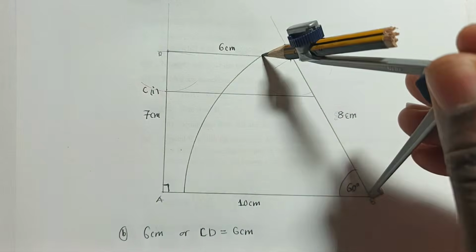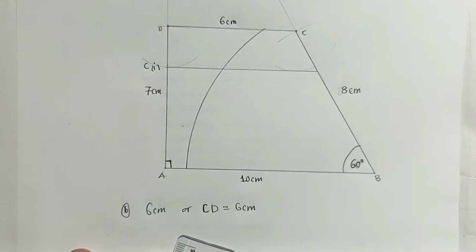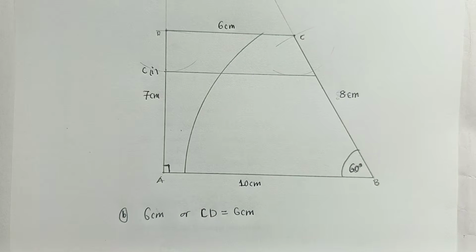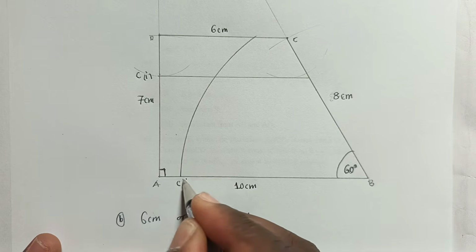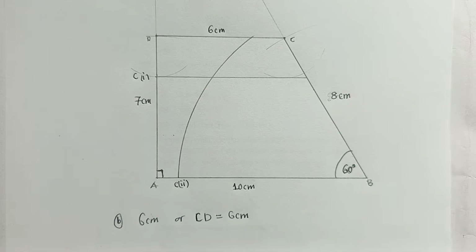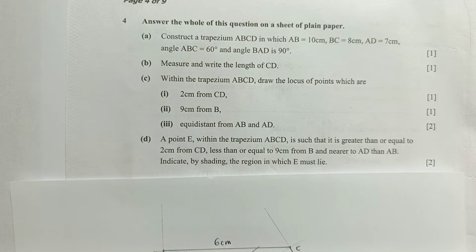This is the 9 centimeters we're talking about, meaning from here to this 9, at whichever point it's 9 centimeters. So you also indicate that this is C2, okay? The next question here, they're saying equidistant from AB to AD.